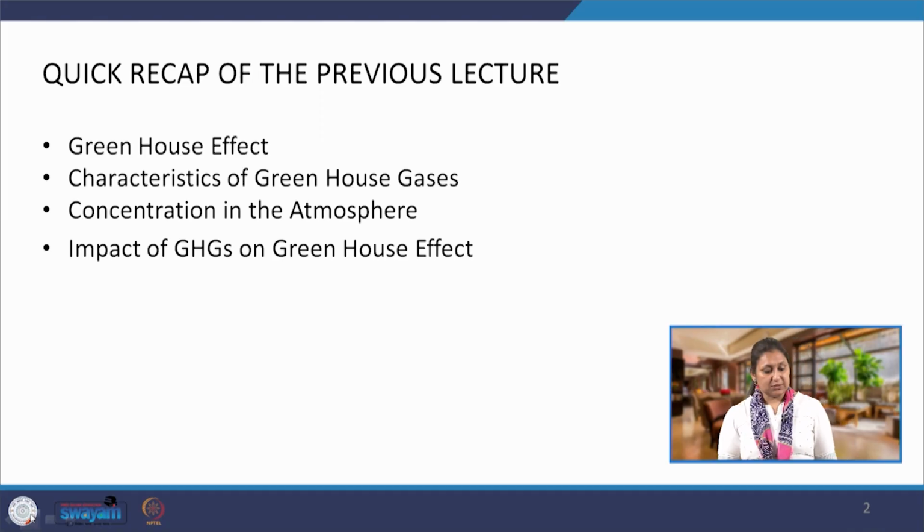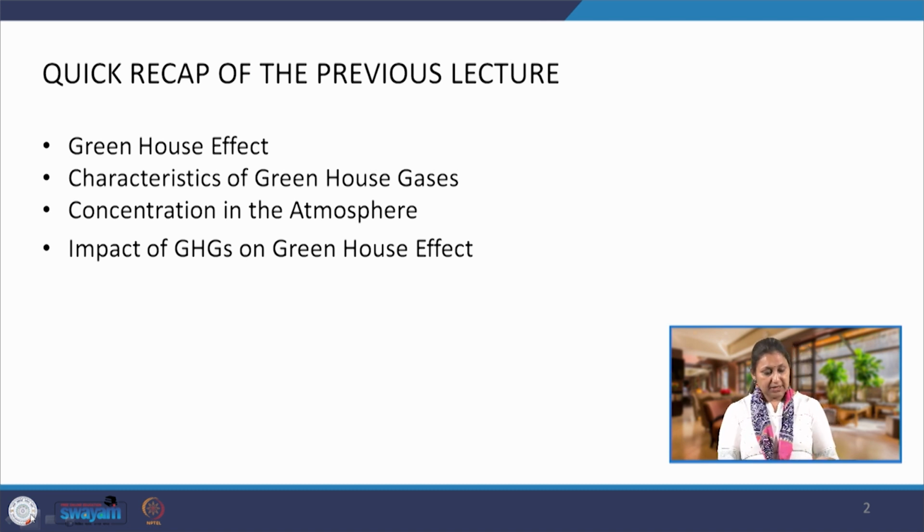In the previous lecture, the fourth lecture of this week, we understood what the greenhouse gas effect is. We understood the characteristics of greenhouse gases, their concentrations in the atmosphere and their impacts on the greenhouse gas effect. And there we clearly saw a direction emerging on what we need to do if we have to reduce greenhouse gas emissions.